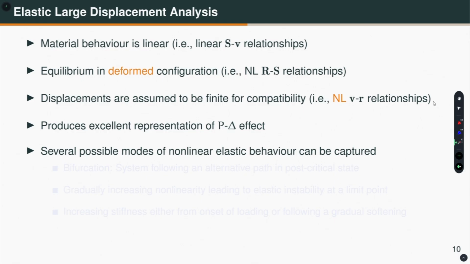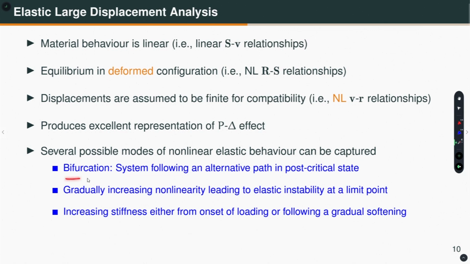Okay. What are those? We can capture what is called bifurcation, which I have talked about. That means, system following an alternative path in post critical state, that means in post buckling. Okay. I can also capture gradually increasing nonlinearity, which can lead to elastic instability at a limit point. What I mean by that, I will explain through example.